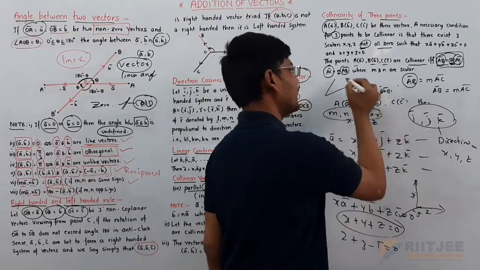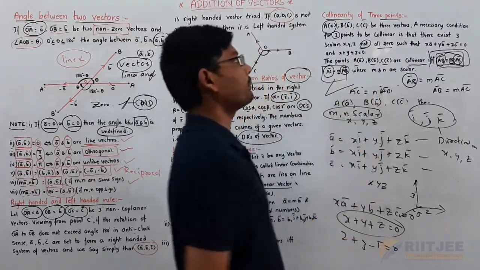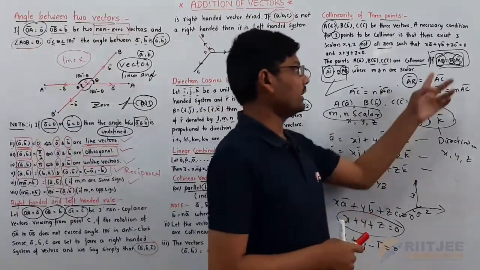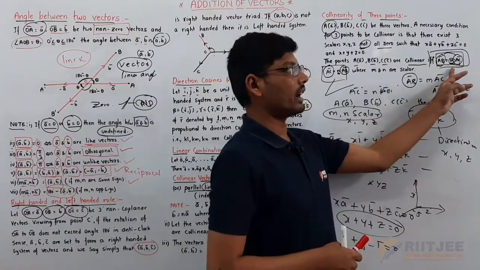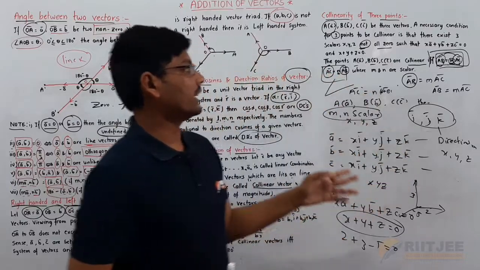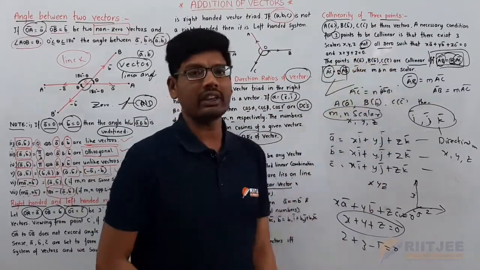If these conditions are satisfied, then the 3 points are collinear.